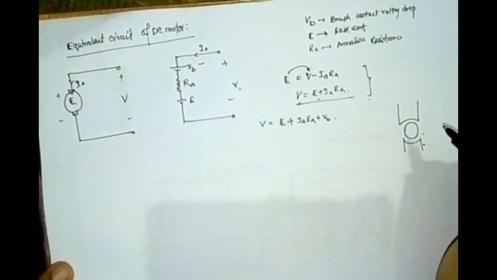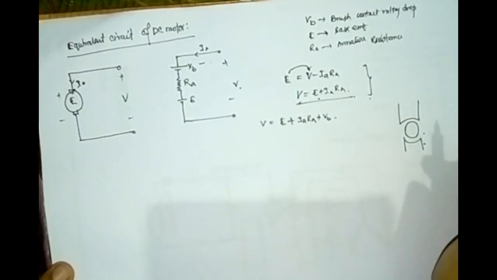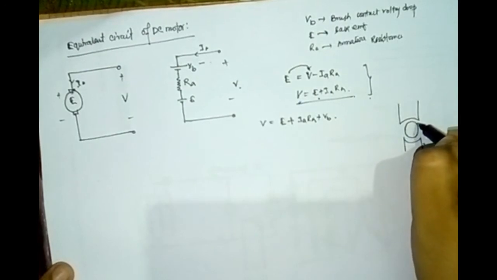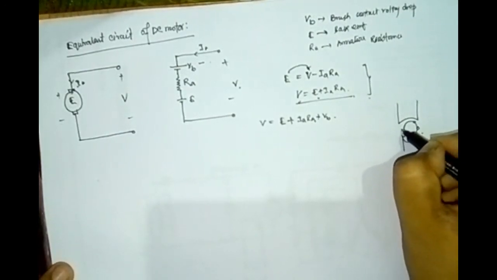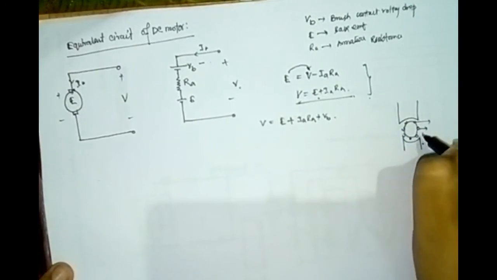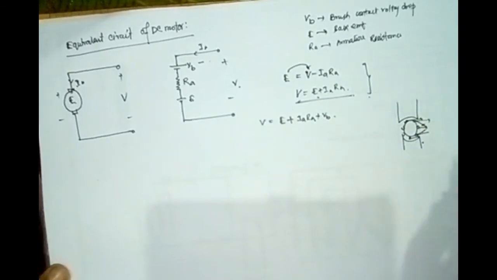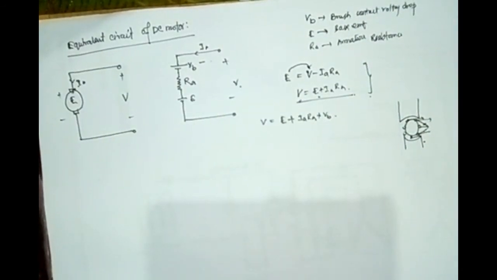Now when the air gap is there, each conductor experiences a force. The conductors lie near the surface of the rotor at a common radius, and hence a torque is produced around the circumference. So every conductor will lie near the surface of the rotor at some radius, and from that radius some tangential force will act, and that tangential force will produce the torque.